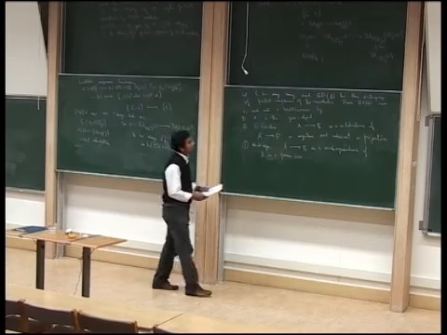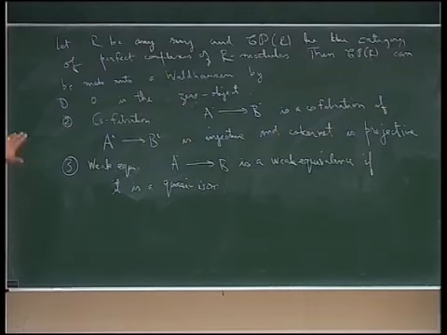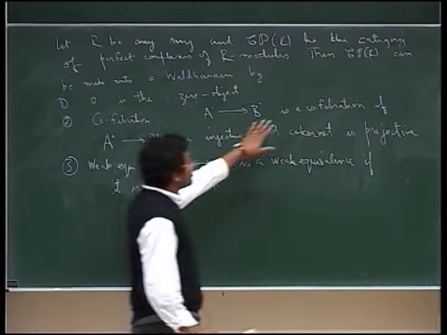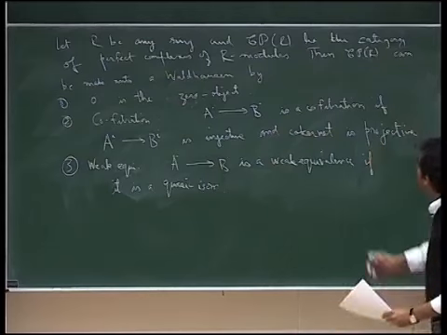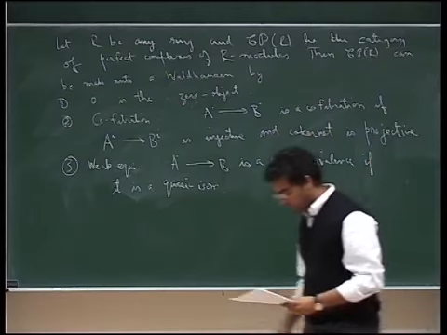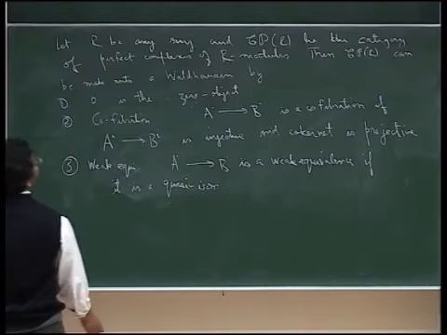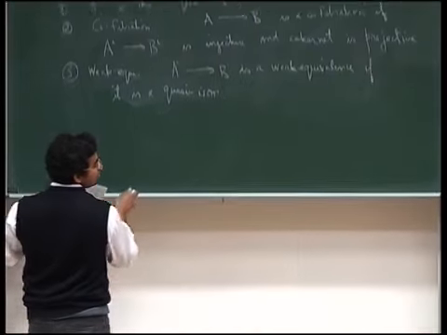Okay. So any category with these three things and satisfying a certain list of axioms is a Waldhausen category, and we are only interested in this example of the Waldhausen category.